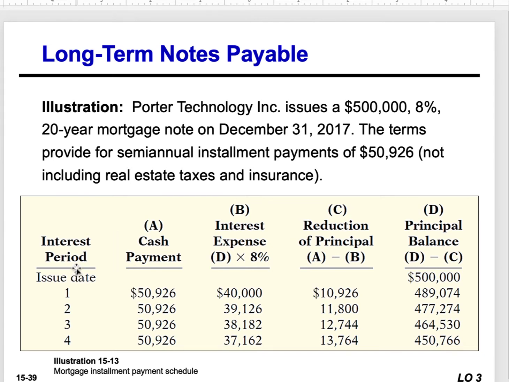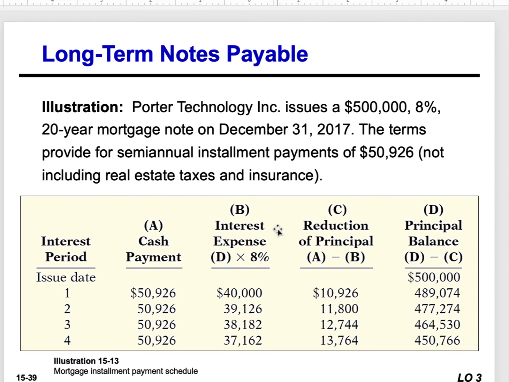Meaning we have our interest periods. We have our cash payments here. Notice they don't change. They're the same. Then we have the interest expense. How do we calculate interest expense? Well, it's the balance times the interest rate. In this case, it's 8%. Then we have the reduction of principal. What's that mean?